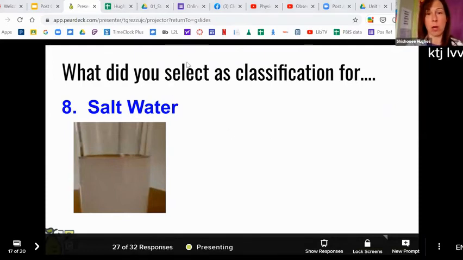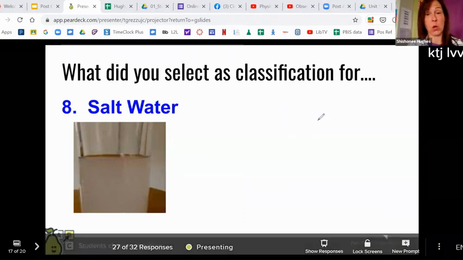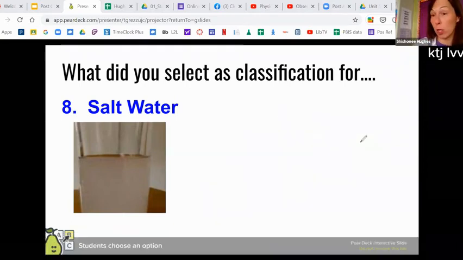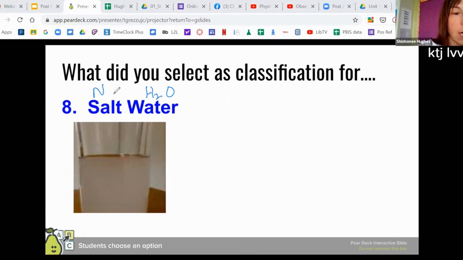Now we have salt water, and salt water is 2 things. So if it's 2 things, or 2 words, I should say, it's going to be a compound or it's going to be a mixture. It cannot be an element. But water is a compound in and of itself, H2O, and salt is actually a compound as well. So you know you're not taking element salt and element water and putting them together.